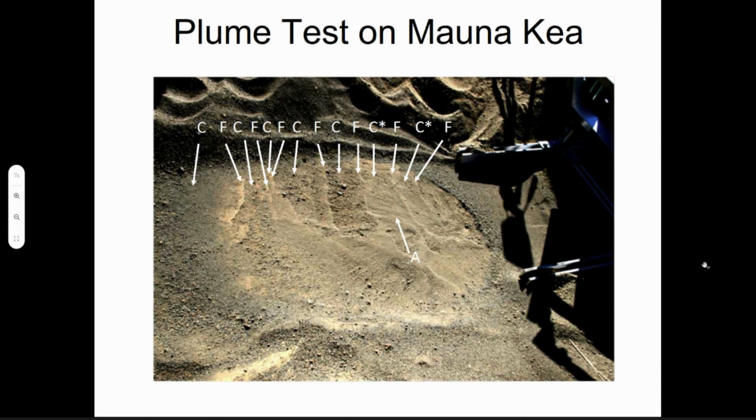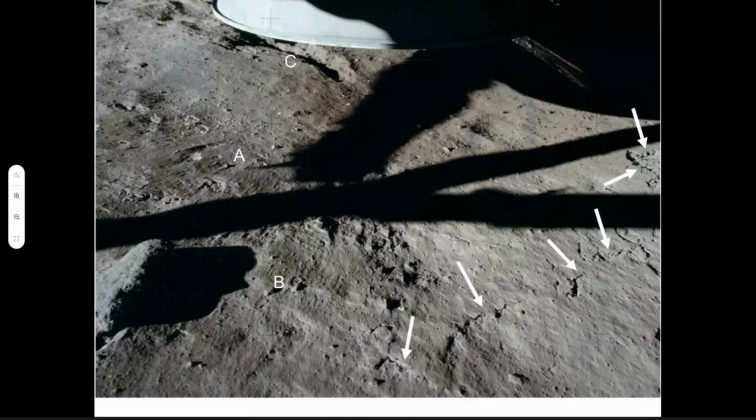Those strata were the results of mechanical discontinuities in the natural tephra on the volcano. So when we go back to the Apollo landings, go to the next chart, please. We realize that some of these strata are visible in these images as well.